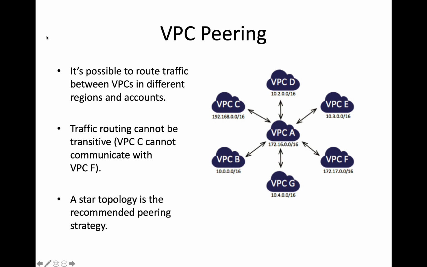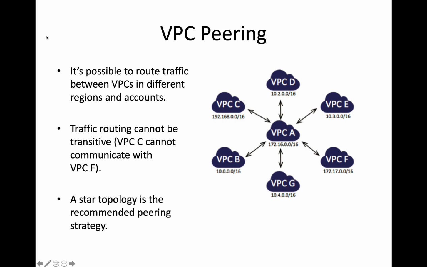The key thing to keep in mind when setting up VPC peering is that the traffic has to be routed directly from one VPC to another. It's not possible to configure what we call transitive routing.